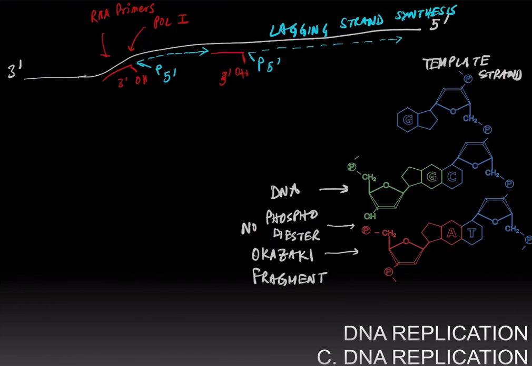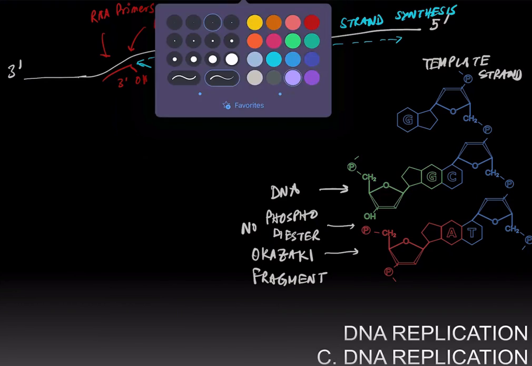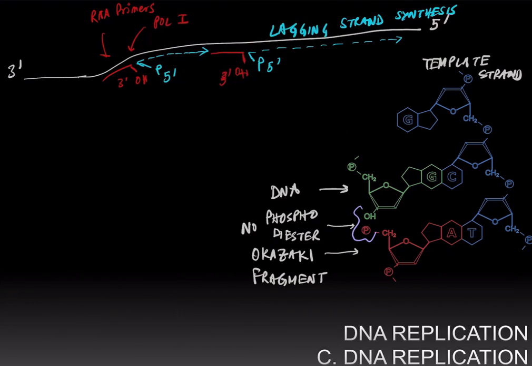Instead, there is a special enzyme called ligase that is able to make a phosphodiester bond between two neighboring nucleotides, where one of them is not a triphosphate but a monophosphate.